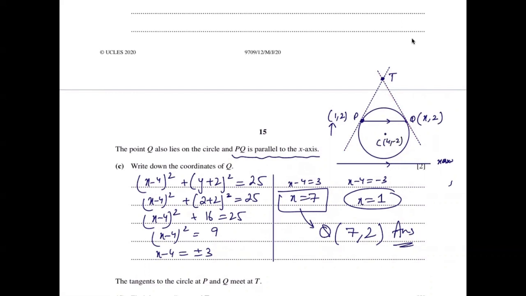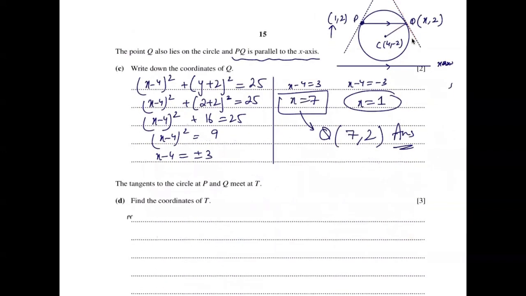You can calculate the gradient of C and Q to get the gradient of CQ. Then you can negative reciprocate it to get the gradient of the tangent at point Q. So let's find the gradient of CQ. It's going to be y2 minus y1 over x2 minus x1. So that comes out to be 4/3.